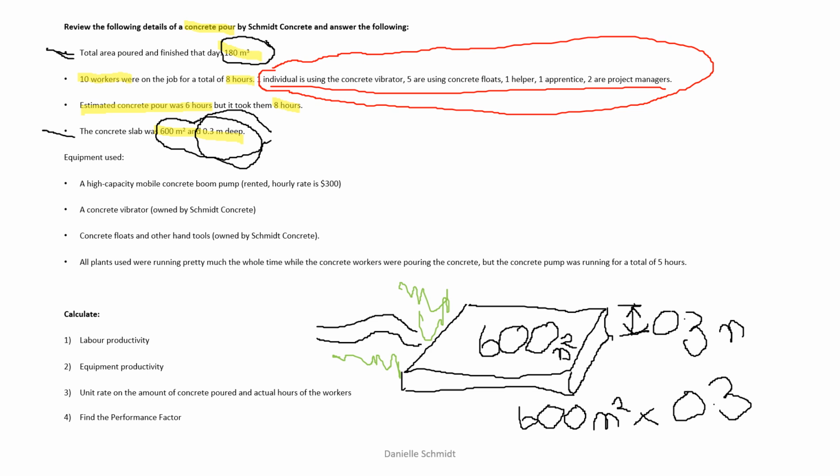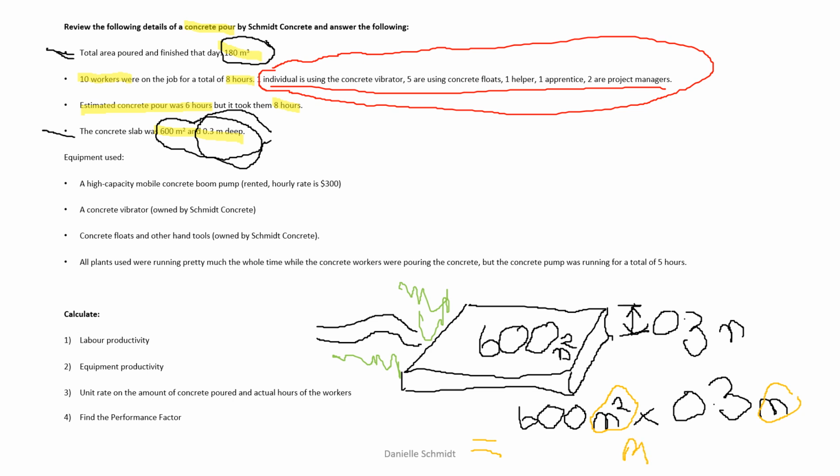For those of you who are familiar with this, please feel free to skip ahead. Let's do the units first. So we've got a metre squared multiplied by a metre. So we know that that is going to give us metre cubed.